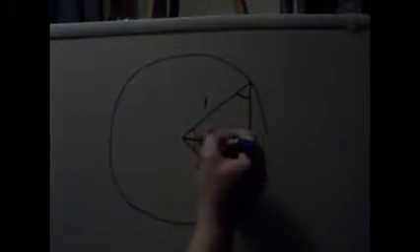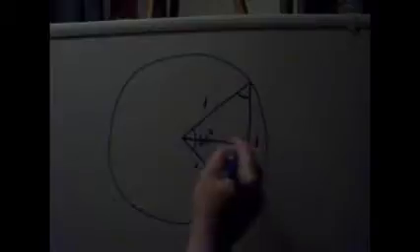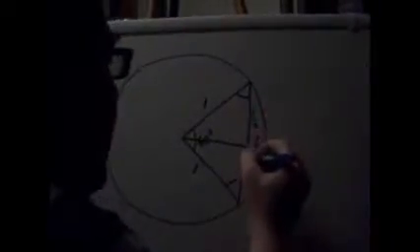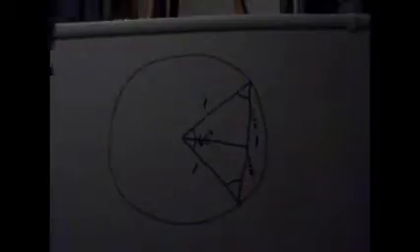They bisected this 60-degree angle, just like that. And by bisecting that 60-degree angle, what they also did was they bisected this side right here. So now we have 1/2 here and 1/2 here. But they also made 2 right-angled triangles, this one here and this one here.